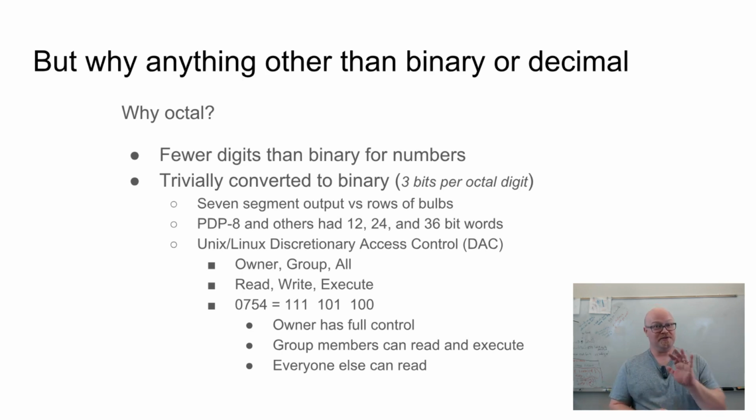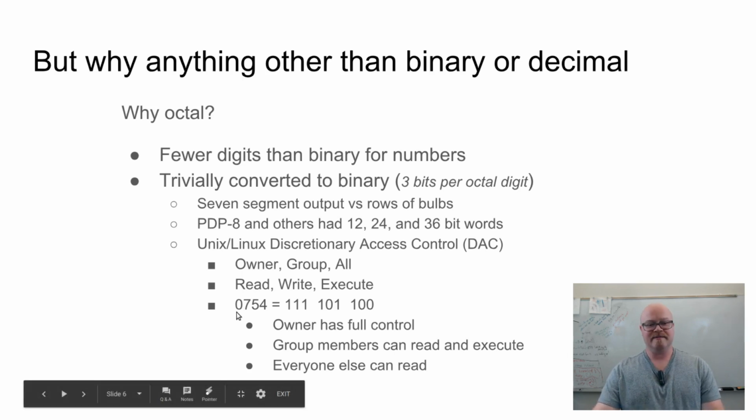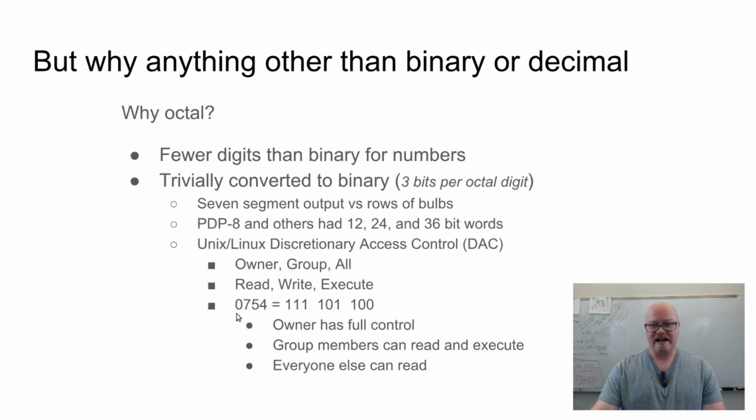So all those threes remind us of 3 bits, which can be represented as octal. You see here in this example on the slide, the octal string 754, noted as octal because it is led by a 0. That breaks down into the bit pattern 111 for the 7, 101 for the 5, and 100 for the 4.